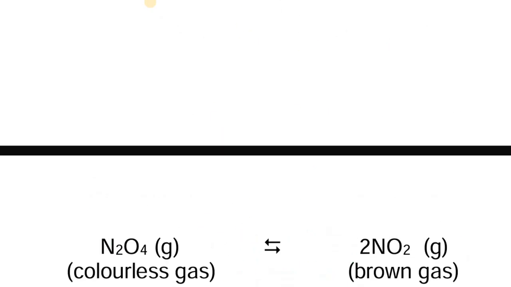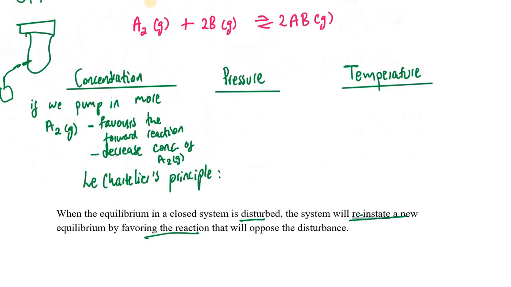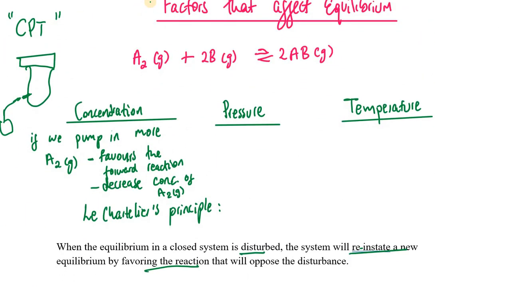Okay guys, now it's not only concentration that affects the equilibrium. Sometimes you can do pressure, and you can increase or decrease pressure. Now when you increase pressure, you favor the reaction with less moles, less number of moles.